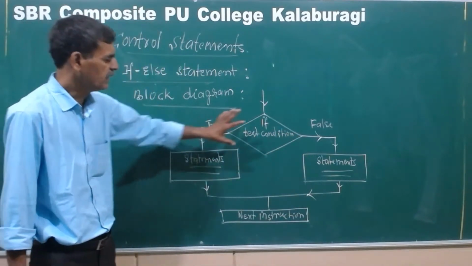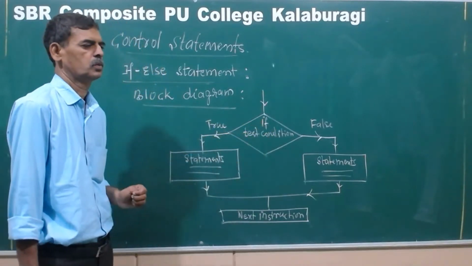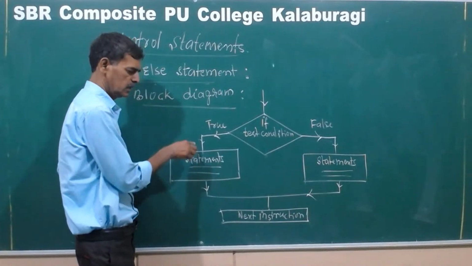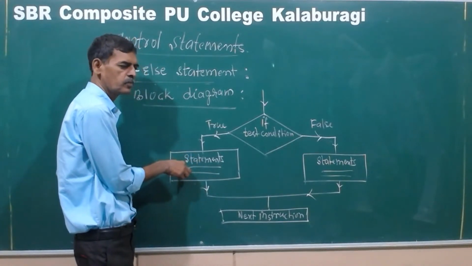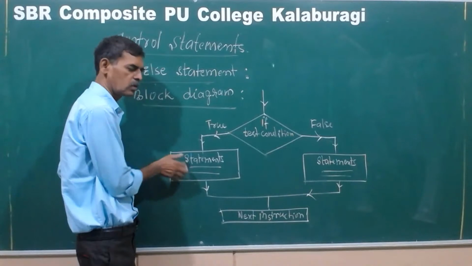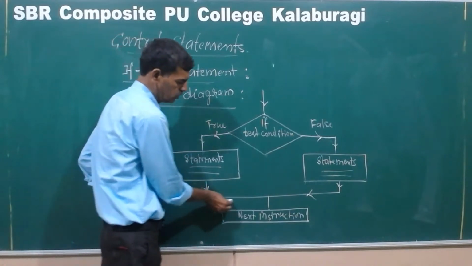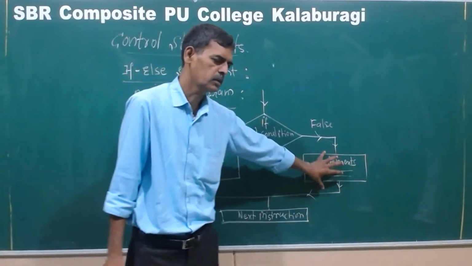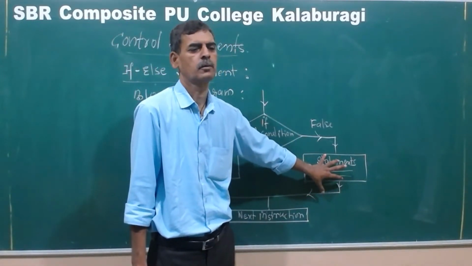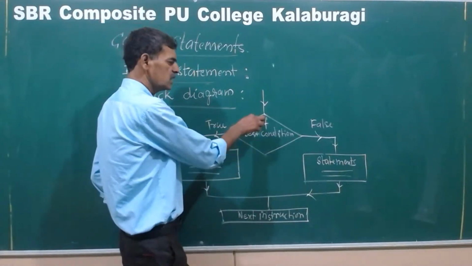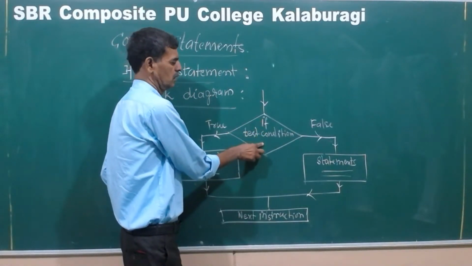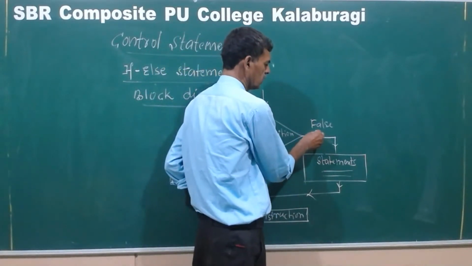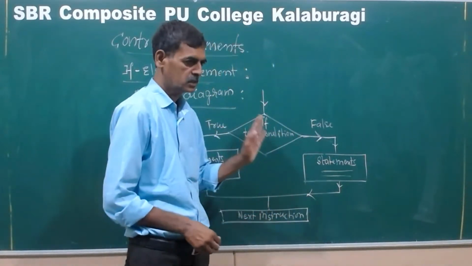If test condition is true, control comes this way, then it executes statements in this block. Then it goes to next part of the program. If test condition is false, these statements are skipped. Control goes this side. That is flow of instruction.